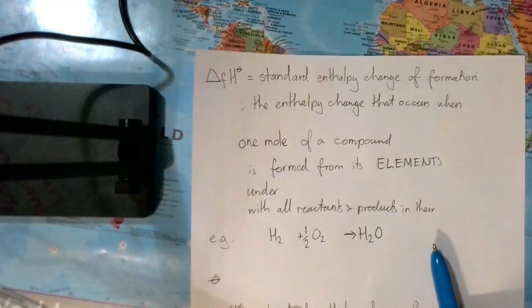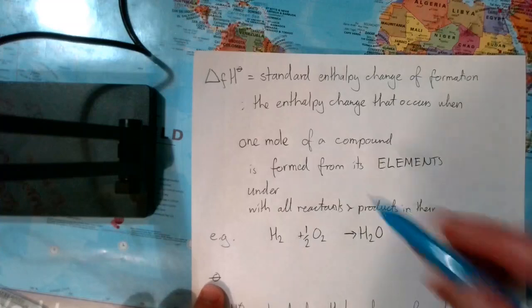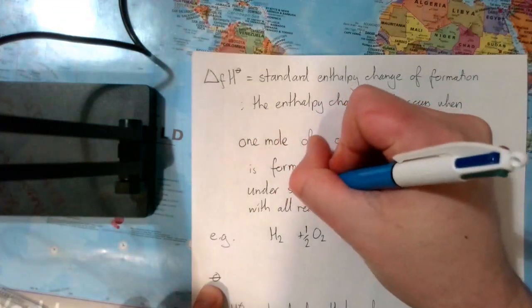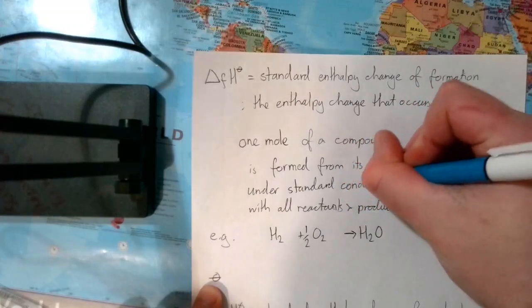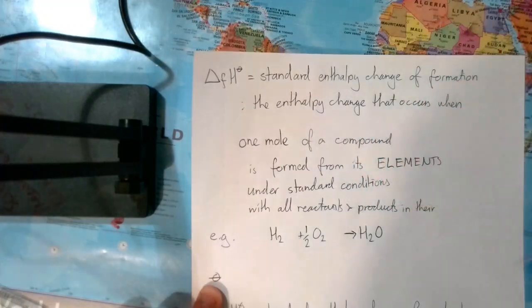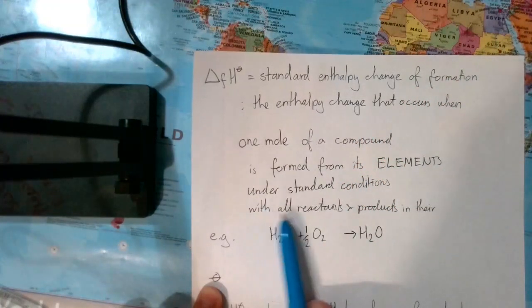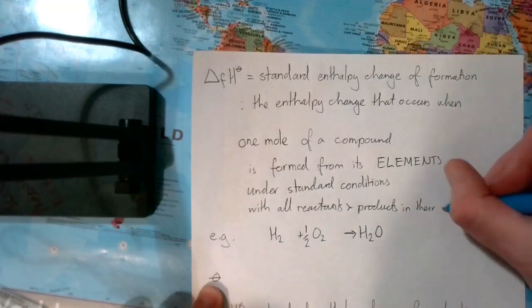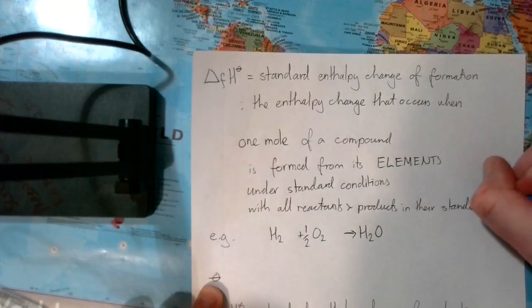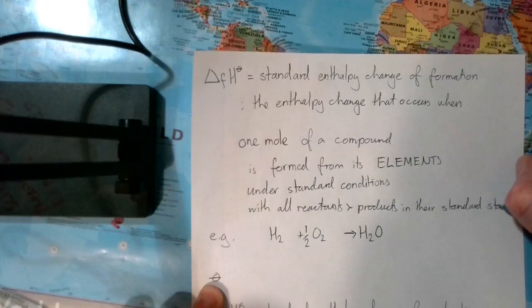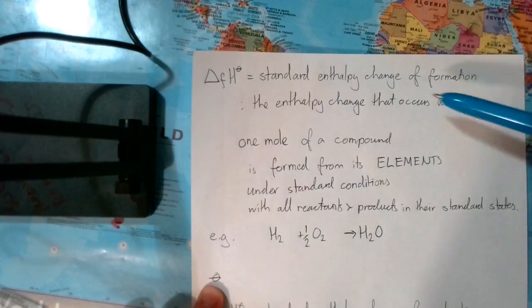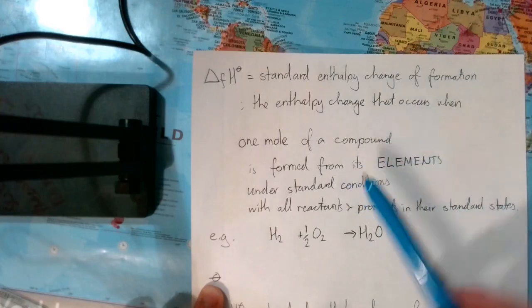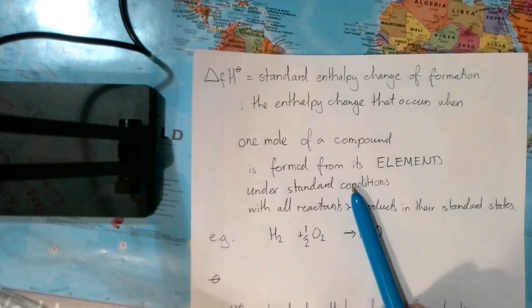The next bit before I go on is this little symbol here, and this means under standard conditions. And there's a second part to this, with all reactants and products in their standard states. If you have an exam question that asks you for 3 marks to define these, you will need to define the standard conditions.